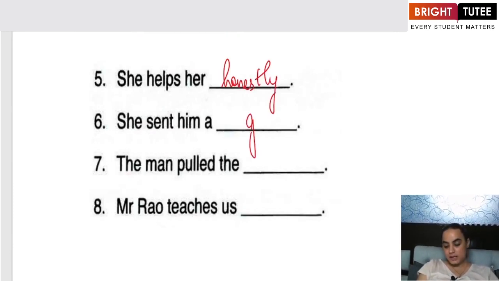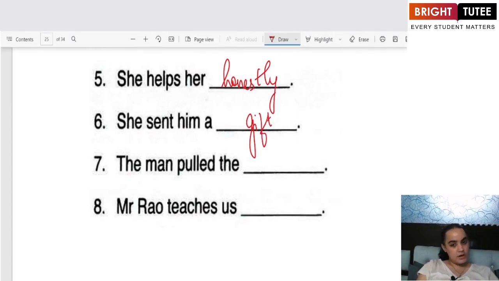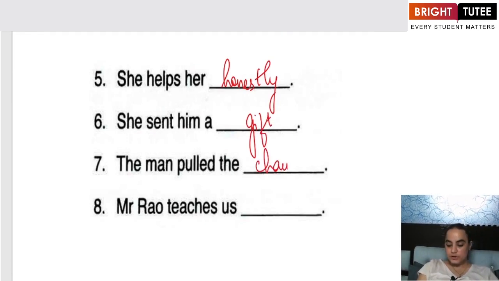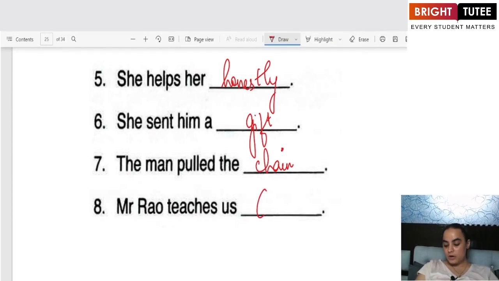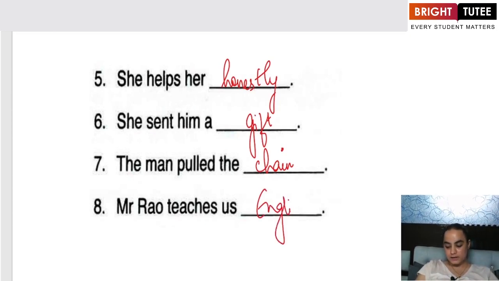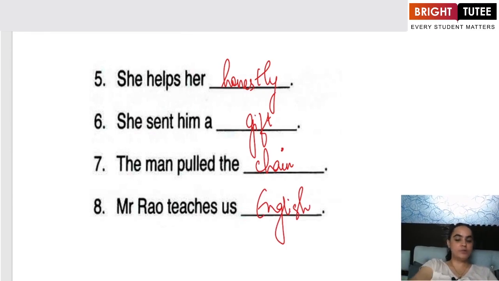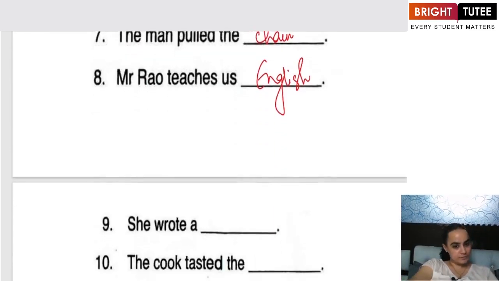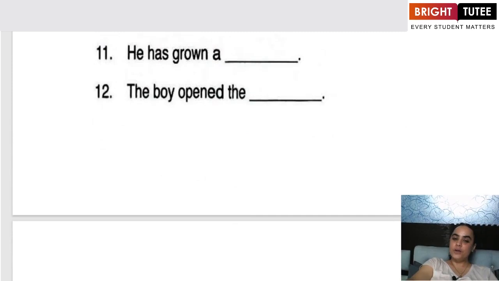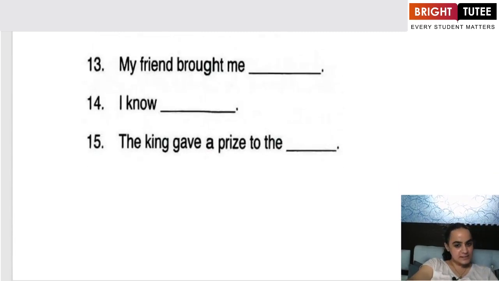She sent him a gift. The man pulled the chain. Mr. Rao teaches us English. Okay, so I simply had to write an object at the end of each of them. You can write the object for the rest of the sentences.